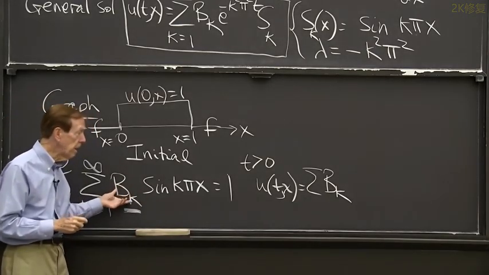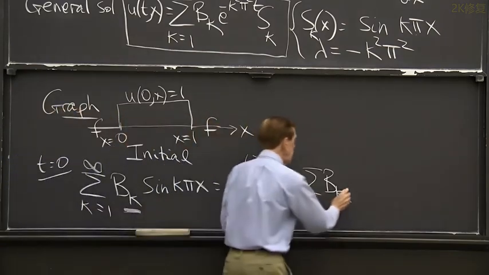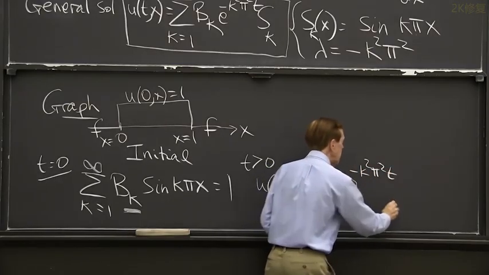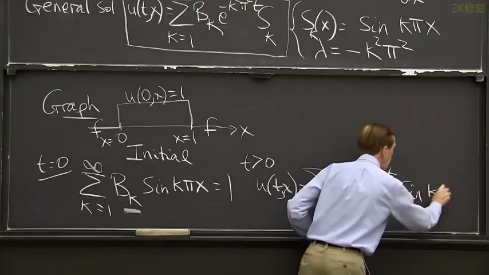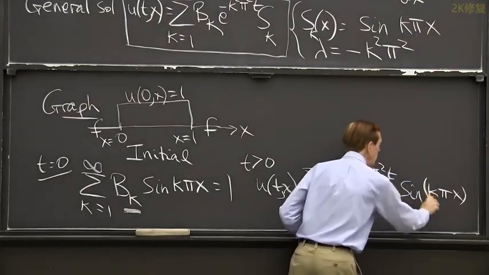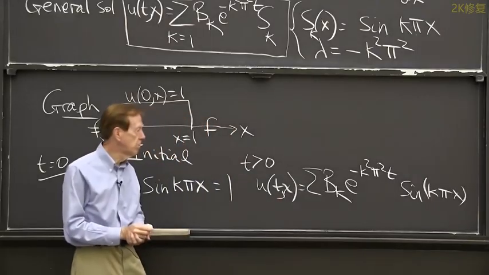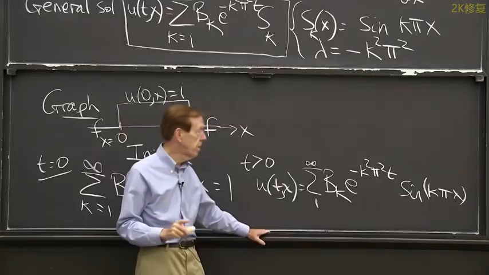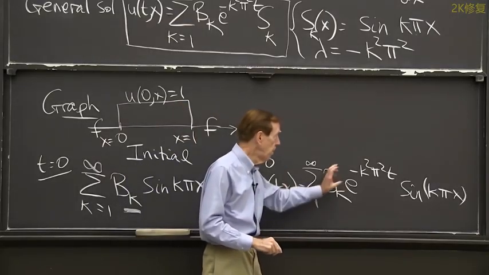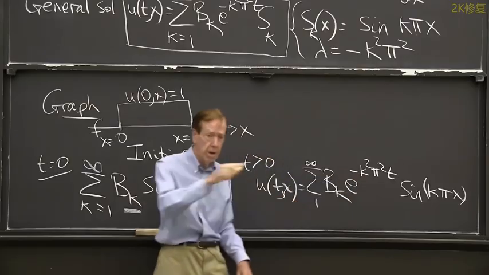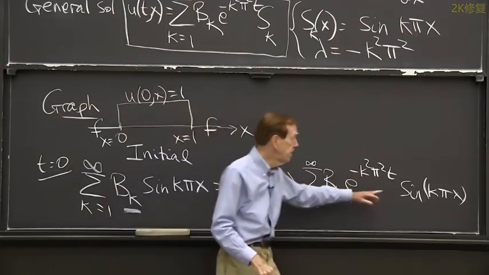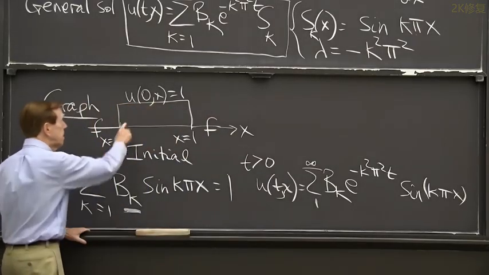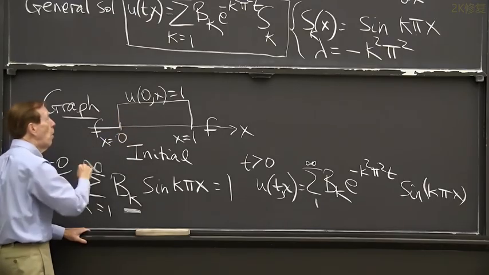We still have to do that video on Fourier series to know what these numbers will come out to be, times the e to the minus k squared pi squared t times the sine of k pi x. You may think that's a pretty messy solution because it's an infinite sum, but it's not bad for partial differential equations. We have numbers, we have something depending on time and decaying rapidly, and something depending on x.